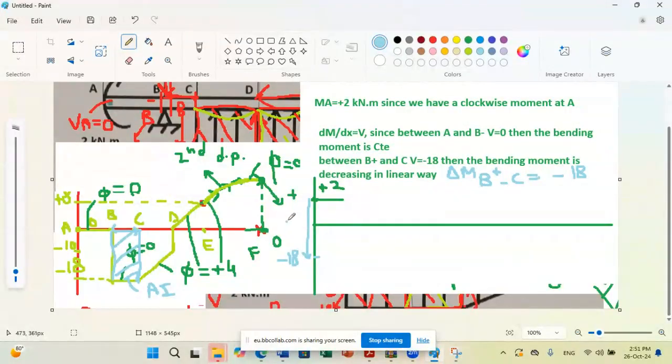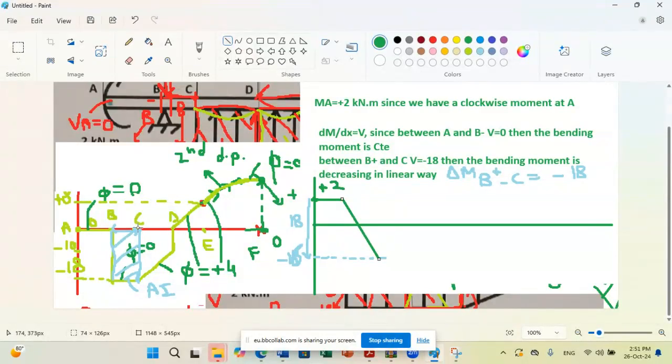When I go 18 downward, I reach minus 16. So the moment at this point is minus 16. So now I do a linear variation from plus 2 to minus 16. I just draw a straight line because the variation is linear. Okay, and now I reached point C.